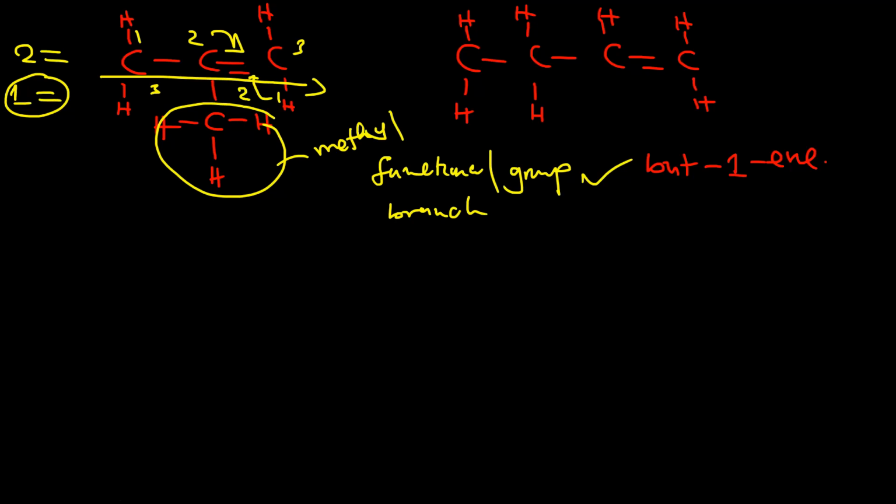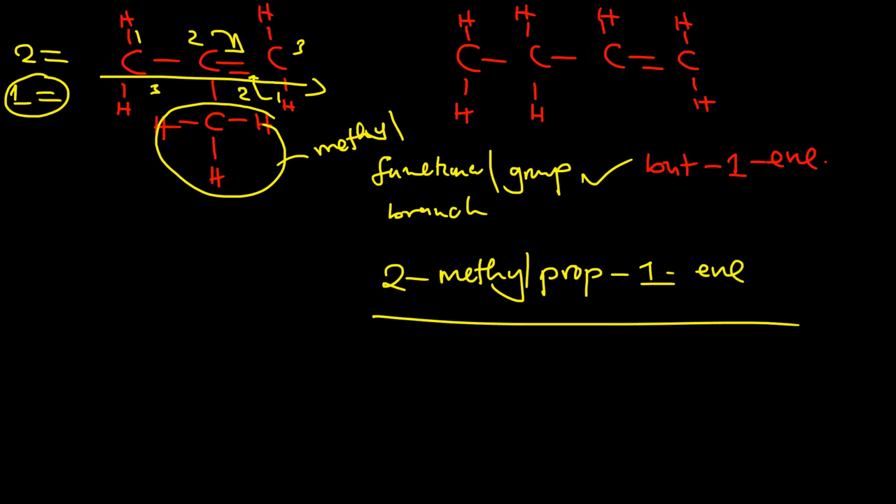So the first number is for the branch: 2-, what is the name of the branch? Methyl. Then the 3-carbon alkene is called propene, but of course we write prop-, the double bond is at 1, then we write ene. Otherwise, this is the name: 2-methylprop-1-ene. I guess you've gotten a thing up to this point.